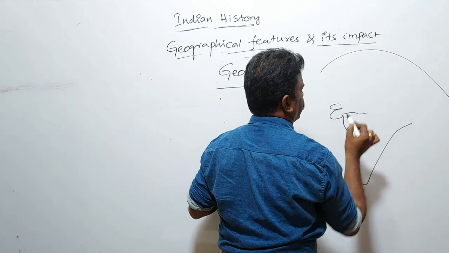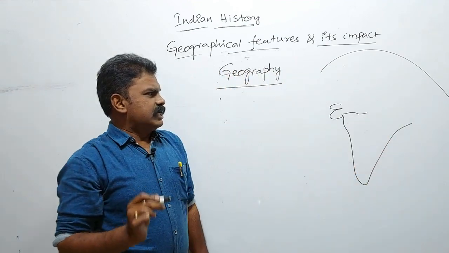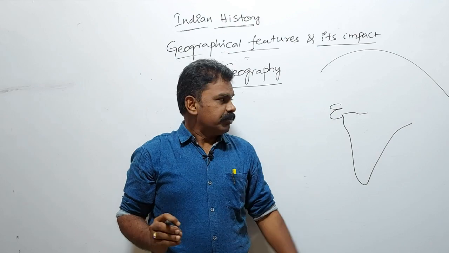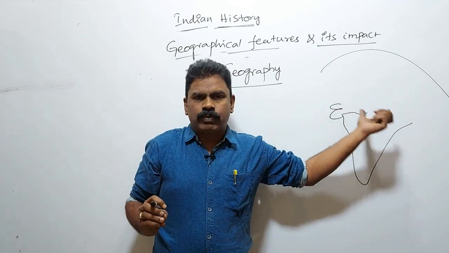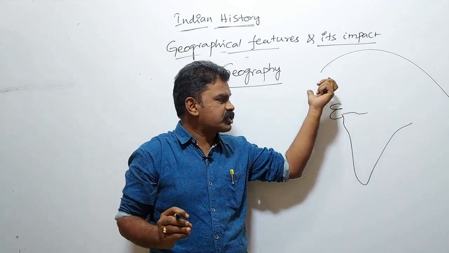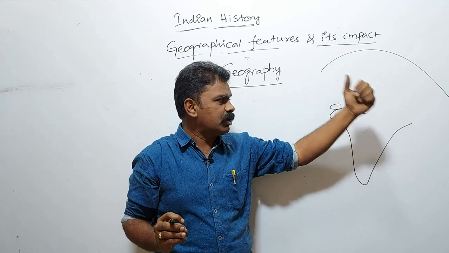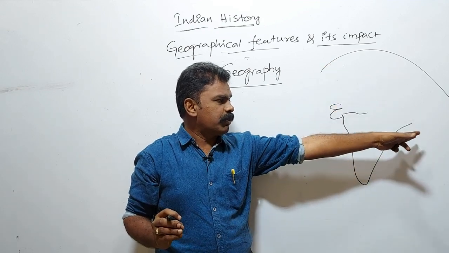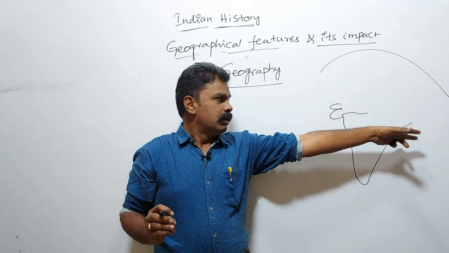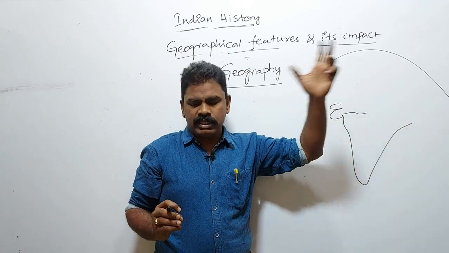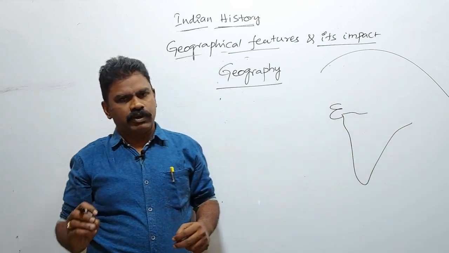So forget about the present political map of India. This is ancient India, the Indian subcontinent, having parts of Pakistan, Afghanistan, Nepal, Bhutan, and parts of Bangladesh and Myanmar. All these come under the Indian subcontinent.